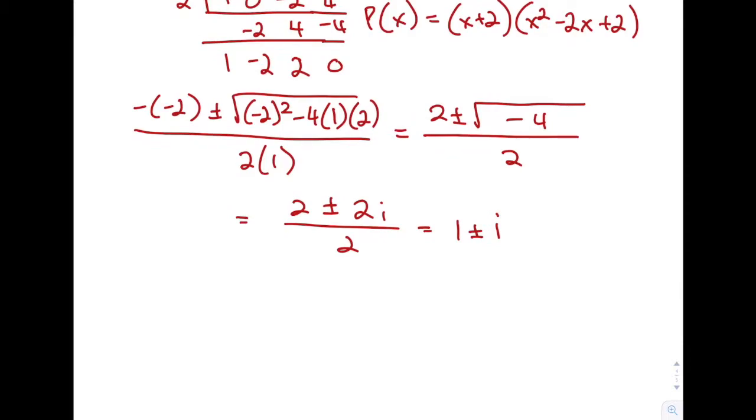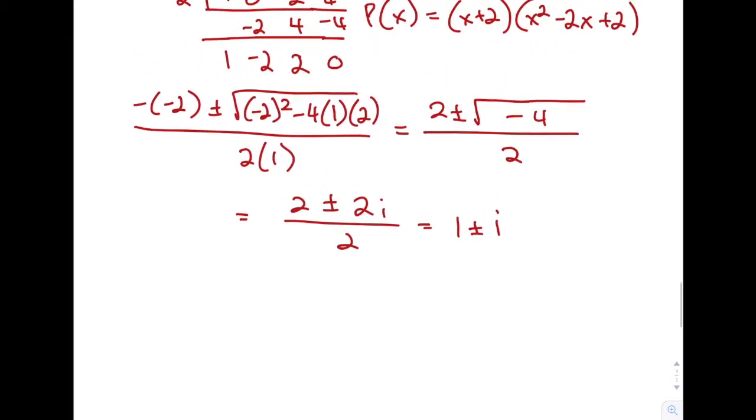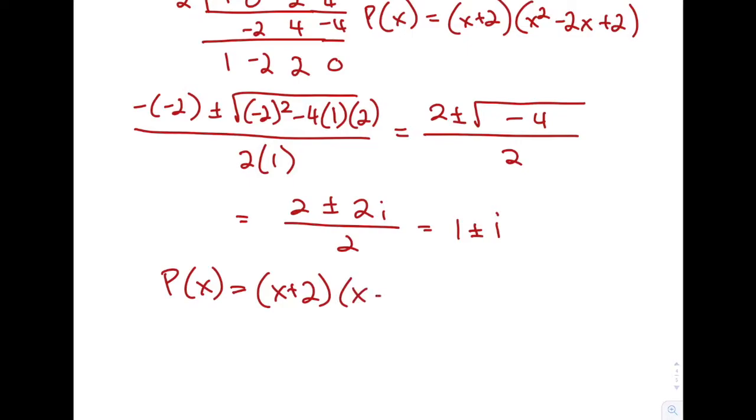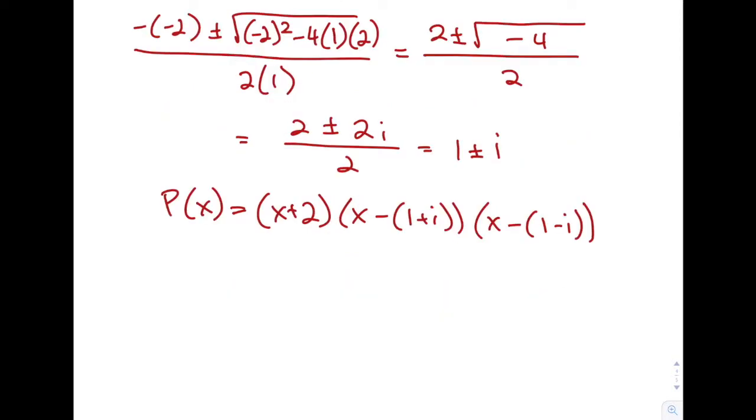So now we can factor this in its entirety into p of x equals x plus 2 times x minus 1 plus i times x minus 1 minus i. And that is the completely factored form of the polynomial x cubed minus 2x plus 4.